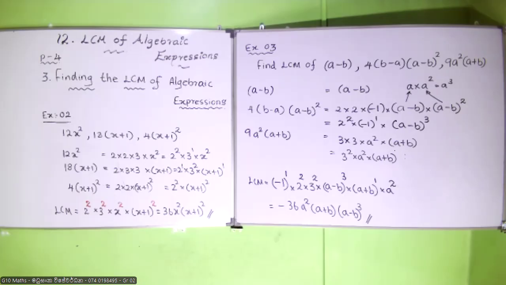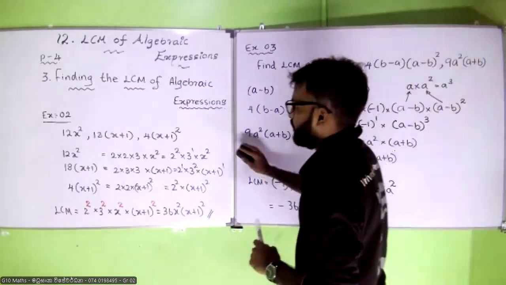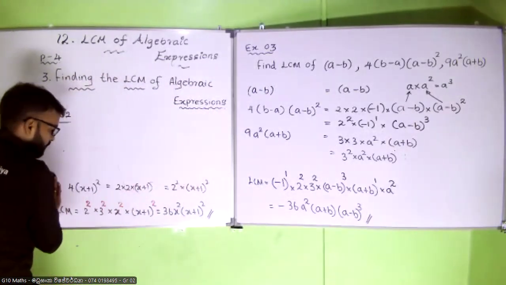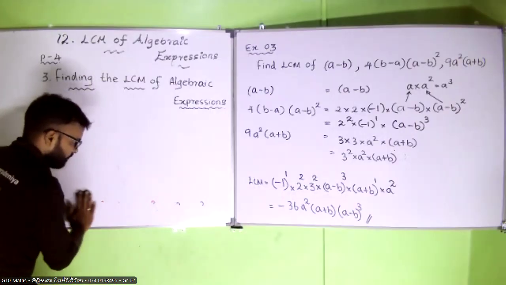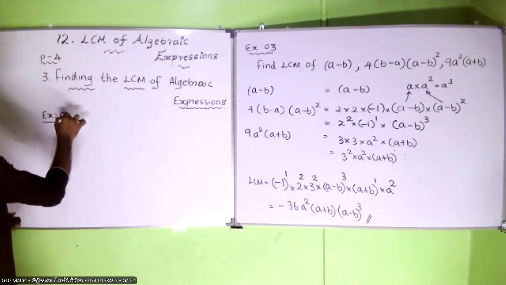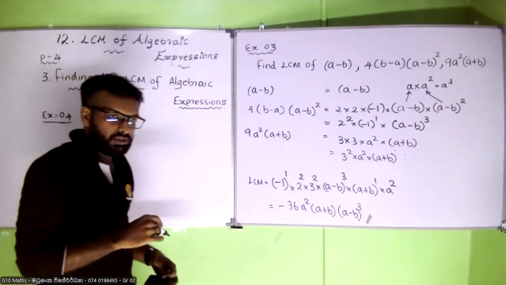Okay, I'll give you another one. I'll write it on the board. My board diagram. Example number 4. This is an extra one, from your exercise.